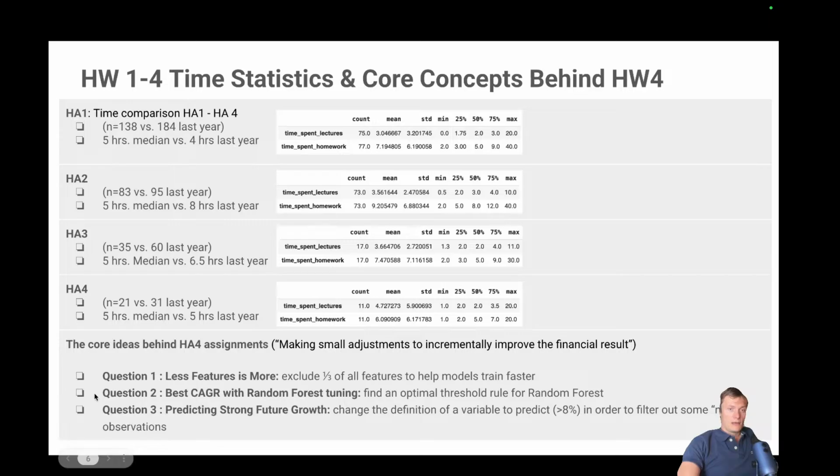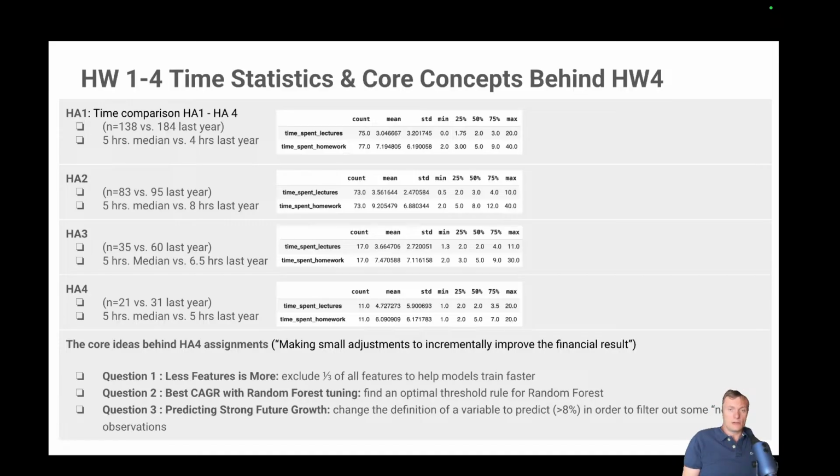If you didn't try to solve this homework, I want to share the core ideas that were covered in it. So this time you were asked not to develop anything from scratch, but to copy a Colab notebook and make some changes.